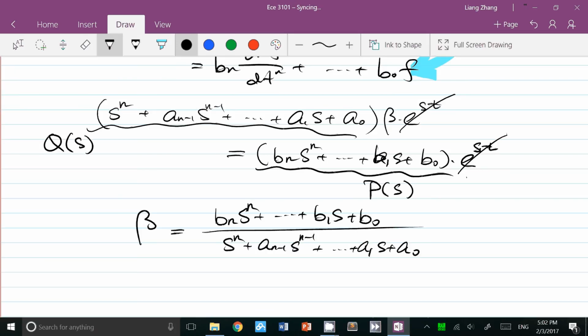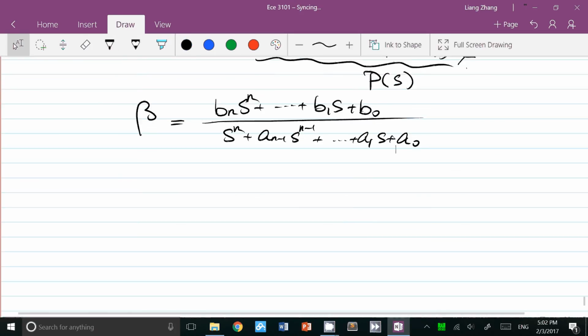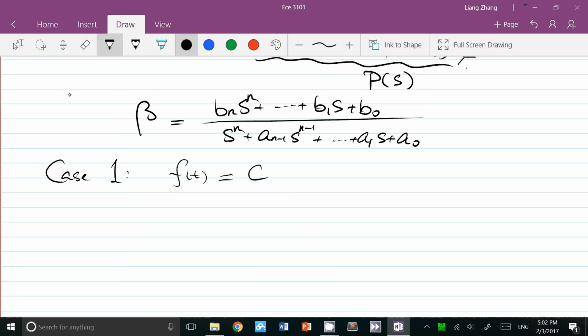What does this mean? We'll give examples. Case number 1. If your input is a pure constant, and let's say this constant c is real for simplicity, then it can be written like this without an issue, meaning s equals 0.